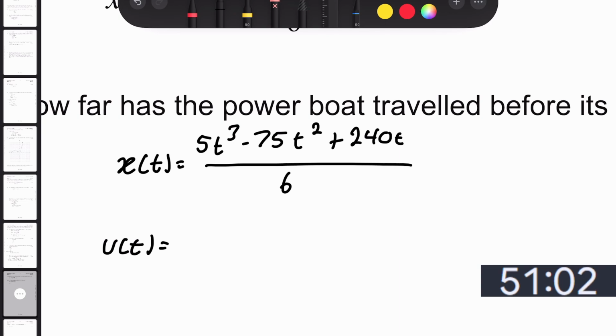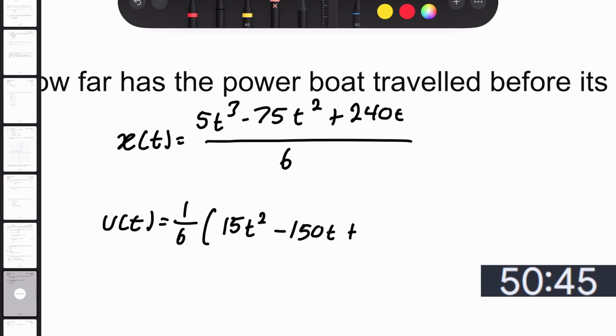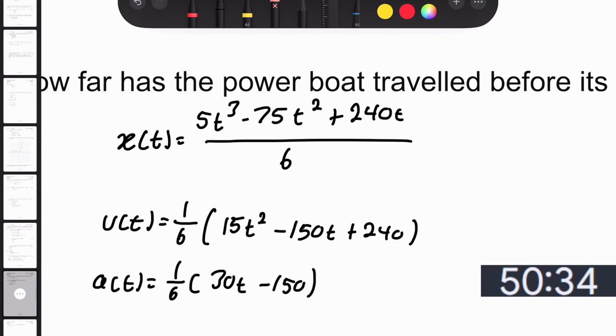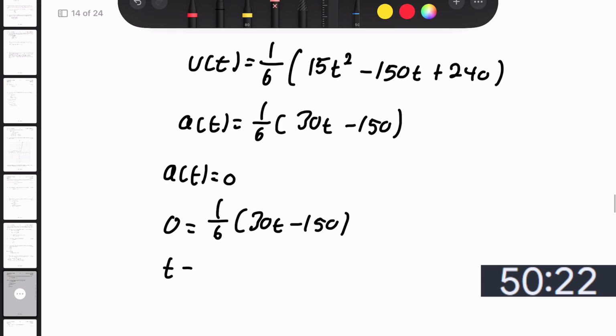Anyway, so this would be 15t squared minus 150t plus 240, all on 6. So then a of t is 1 on 6 of 30t minus 150. So if a of t equals 0, then 0 equals 1 on 6 of 30t minus 150. So then t is going to be equal to 5.